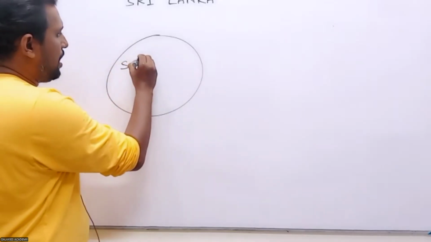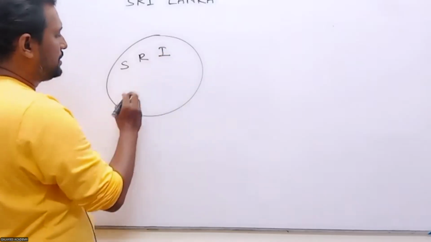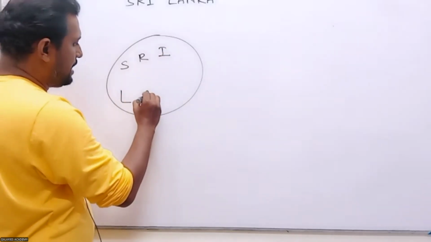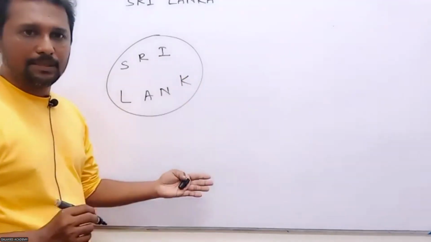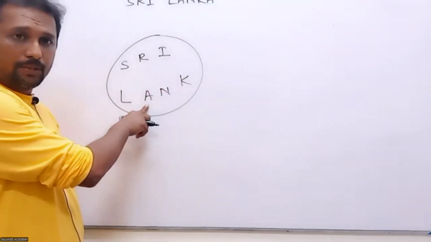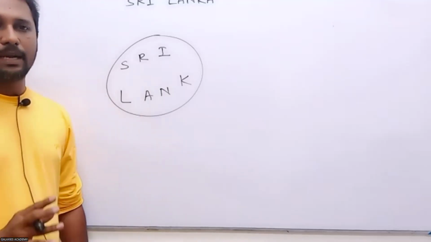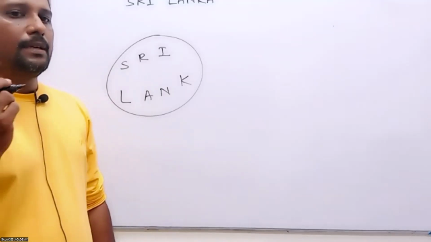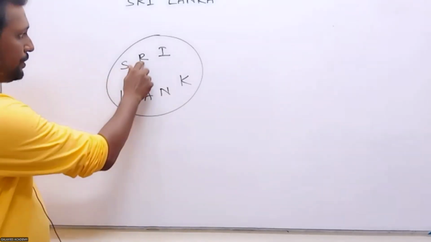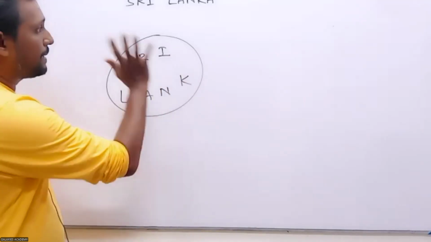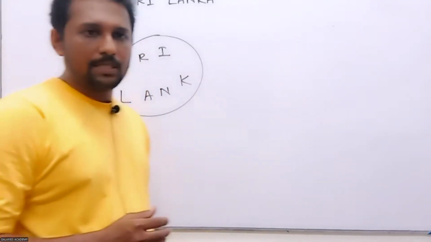S, R, I, L, A, N, K, A. A I already wrote here, no? So again, you don't write A. So how many elements do you have to write in this closed plane figure? 1, 2, 3, 4, 5, 6, 7. There are 7 elements belonging to this set.